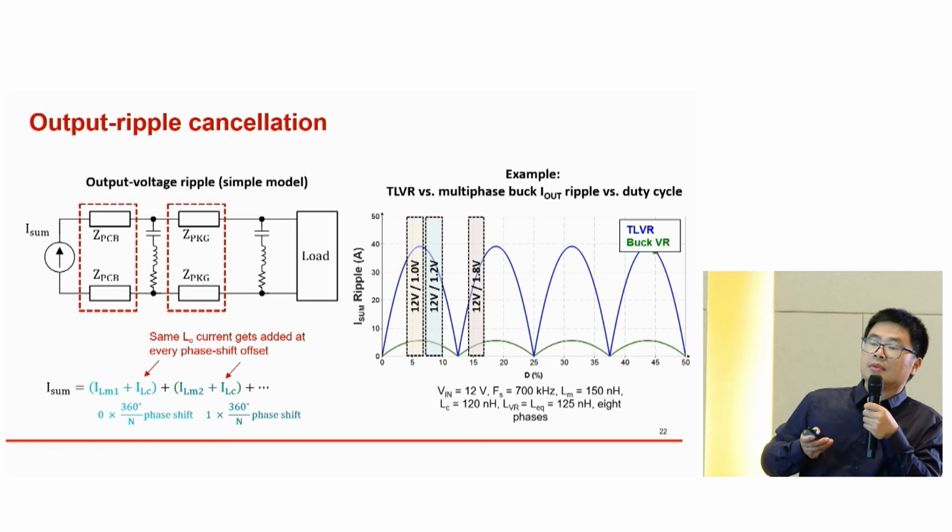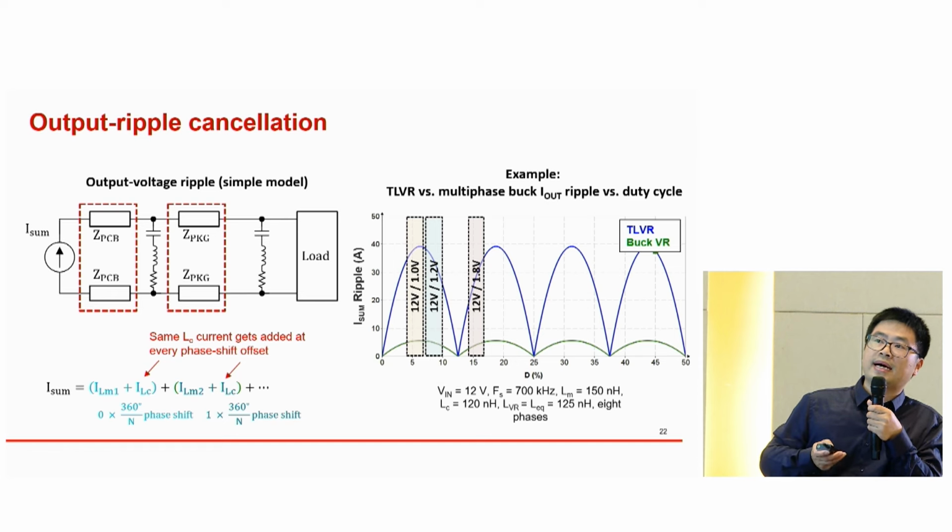We can see the difference between multiphase buck and the TLVR is that for the TLVR, the LC inductor is added to the primary side of each primary phase, so this current cannot get cancelled.